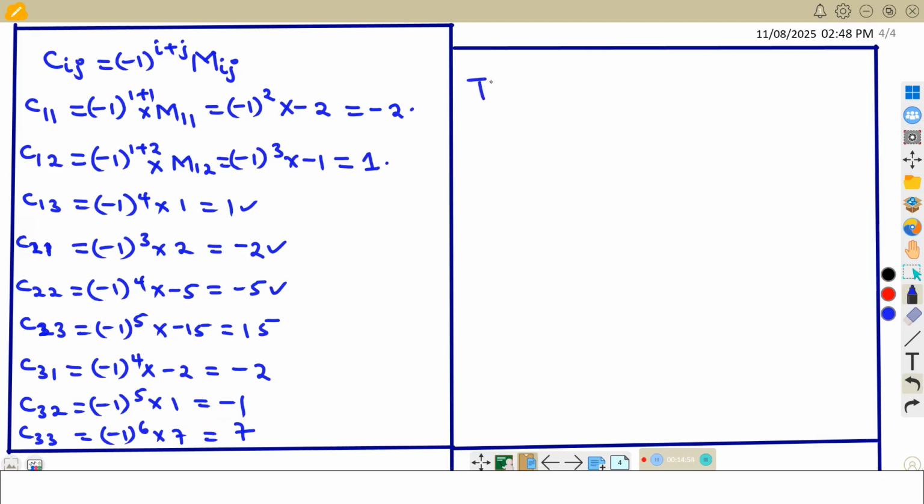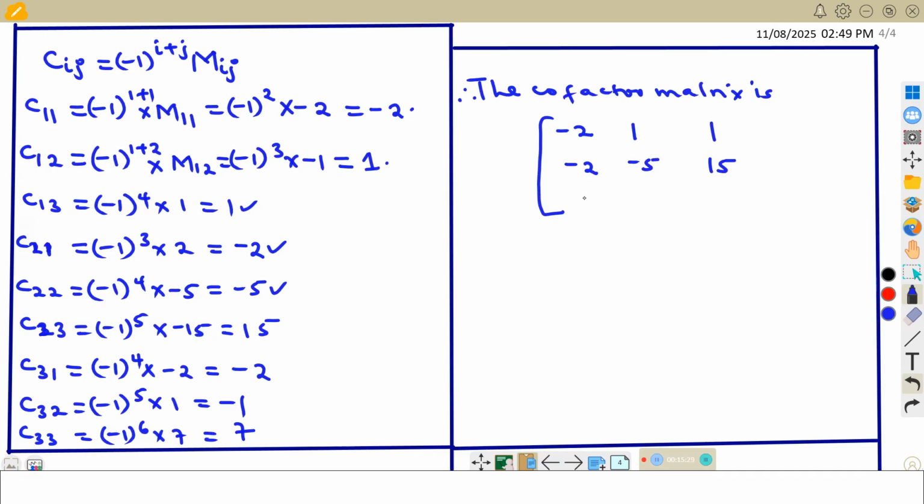So the cofactor matrix will therefore be, so we have C1,1 is negative 2, 1,2 is 1, 1,3 is 1. So this is 2,1 is negative 2, 2,2 is negative 5, 2,3 is 15.